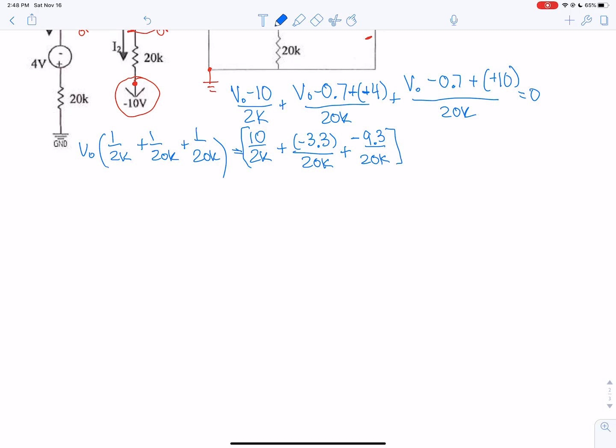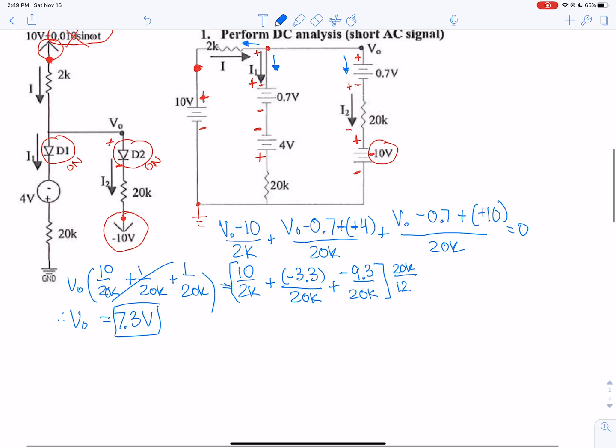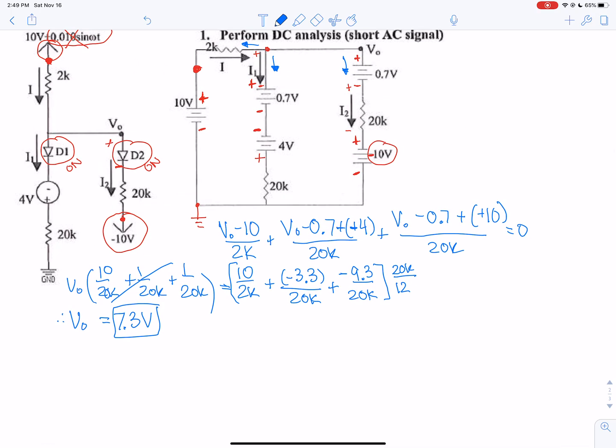So this whole quantity, I'm going to combine, so I'll have a 10 on the top, and that will become a 20K on the bottom. So I would have 20K divided by 12, and this gives me a V0 equal to 7.3 volts. Now I can find I1.